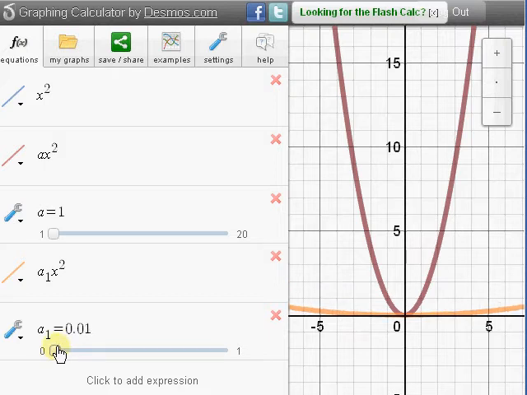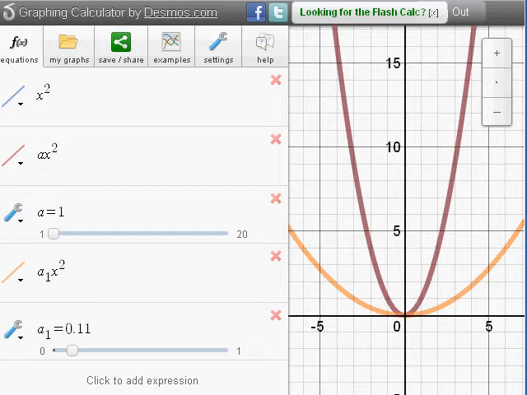This would be 1/100th, until if we got to 0, it would be completely flat because the graph would just be linear, because the 0 would get rid of our squared term. So what we notice is that the graph is getting wider as we get closer to 0. So between 1 and 0, the graph gets wider.